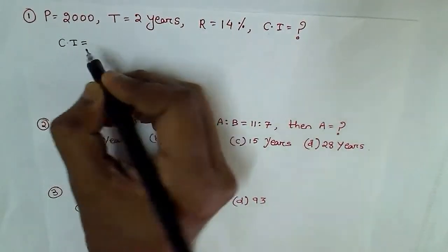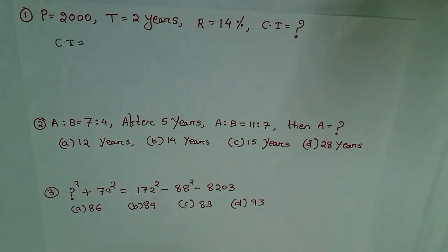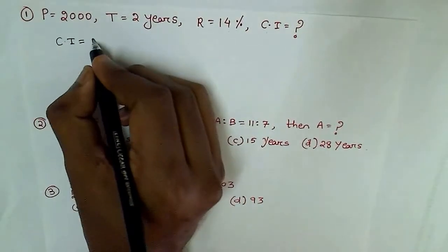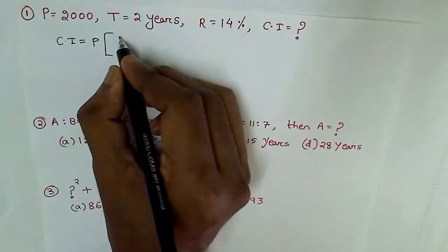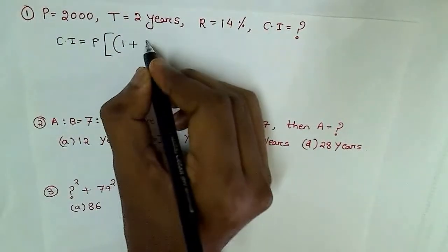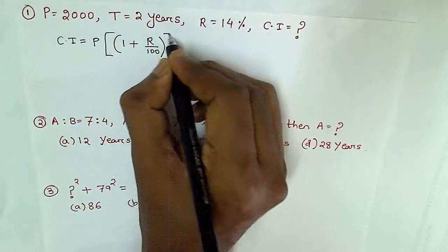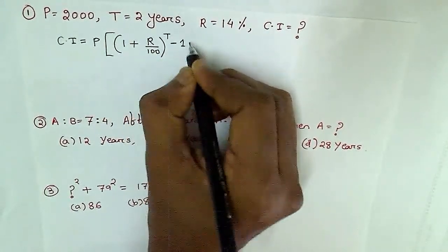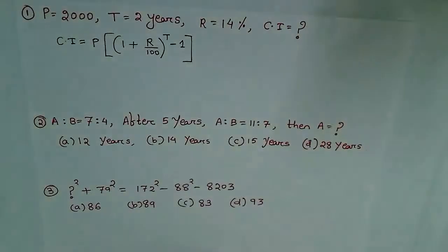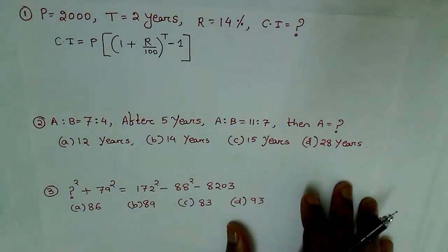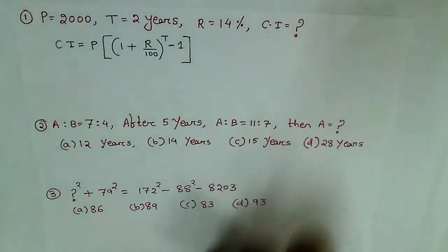The formula to calculate compound interest is P times (1 plus R by 100) whole to the power T, minus 1.